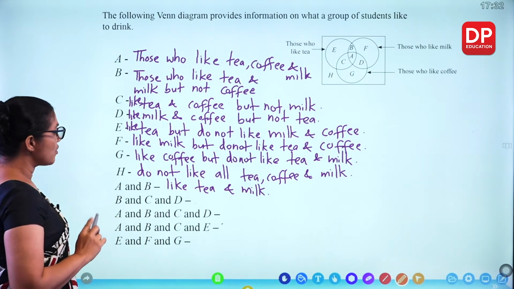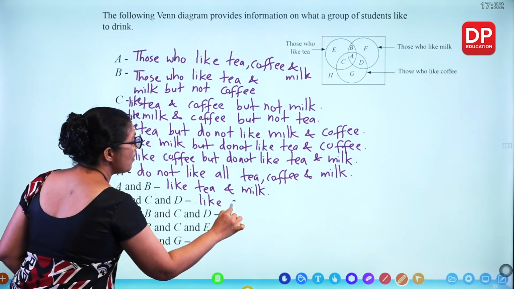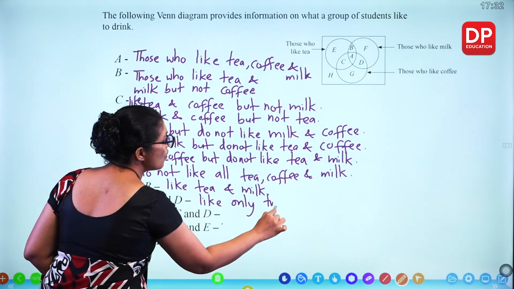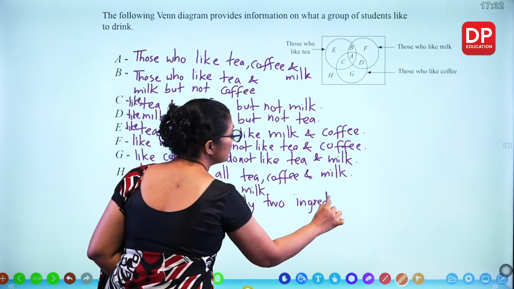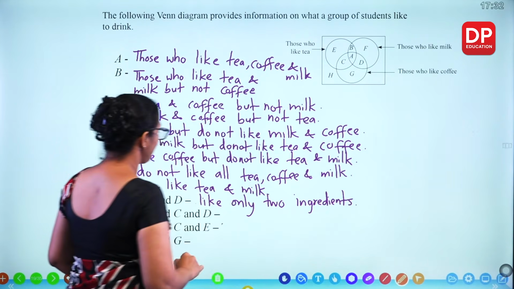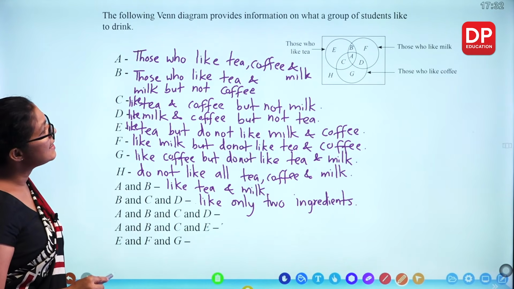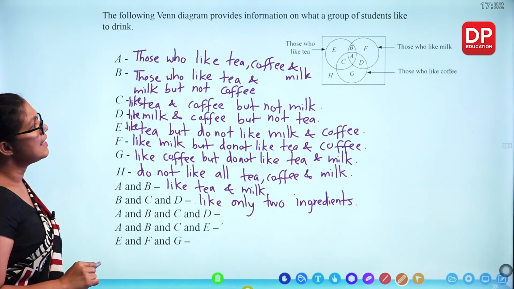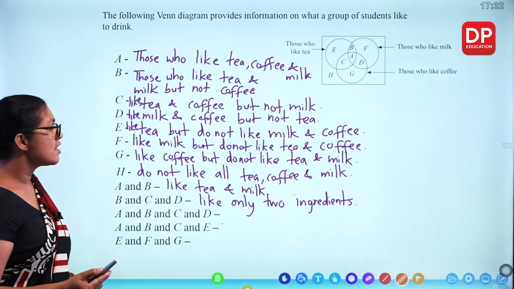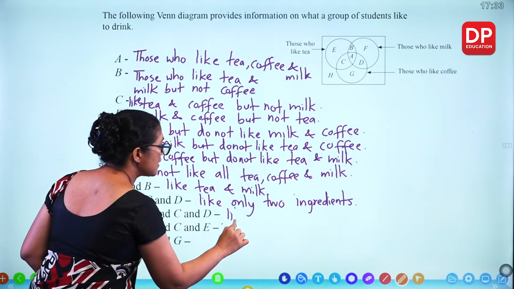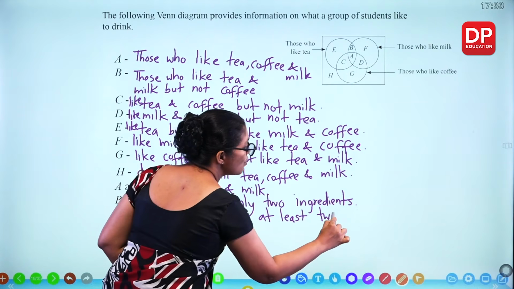So we can write about B and C and D: like only two ingredients. Then A and B and C and D. A is all three. So we can write like at least two ingredients.